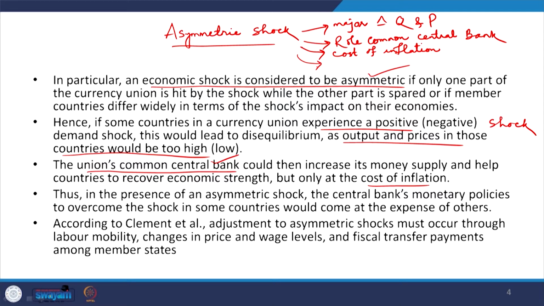According to Kenen et al., the argument is that adjustment to asymmetric shock must occur through labor mobility, changes in price and wage levels, and fiscal transfer payments among member states. Kenen talked about adjustment to the asymmetric shock.